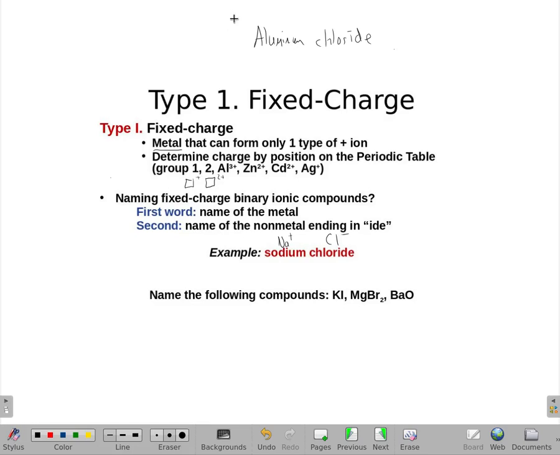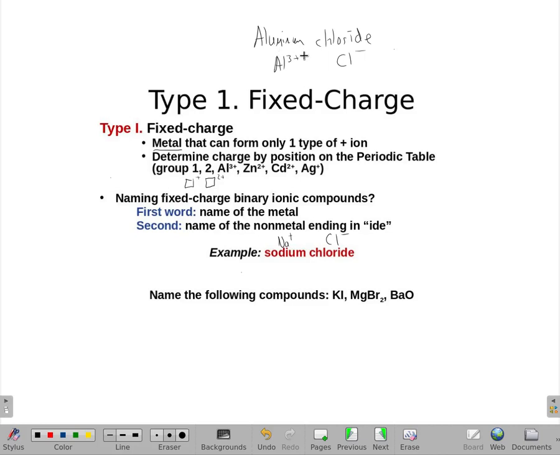And if I did a similar thing with the aluminum chloride I did up here, the aluminum is positive 3 because it says so, and the chlorine is negative 1. Now the neat thing is, once you get these charges all figured out, to figure out the actual formula, we just combine them so the charges cancel out.